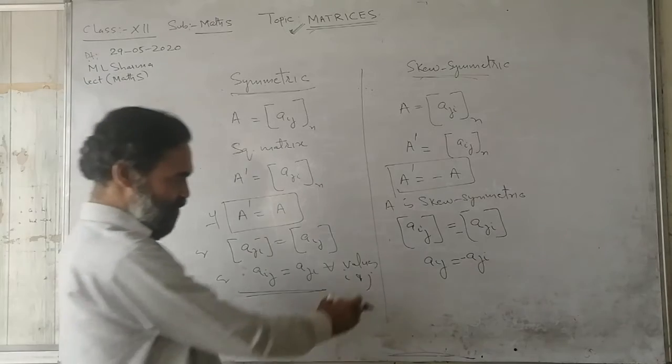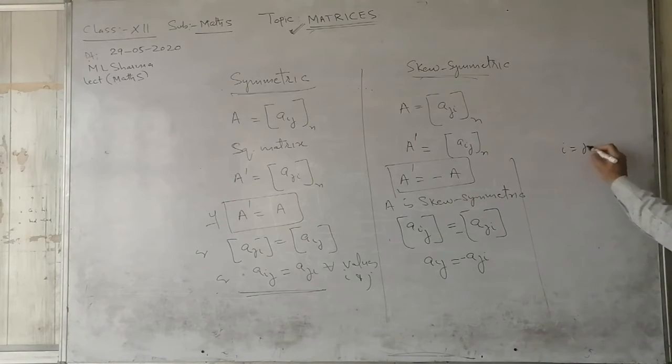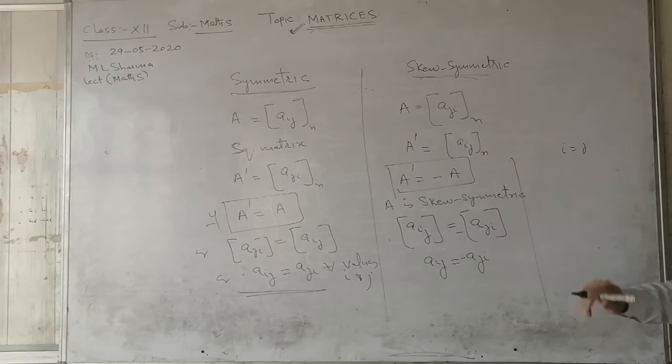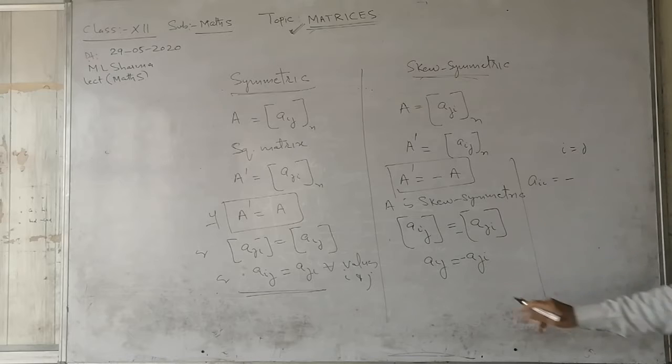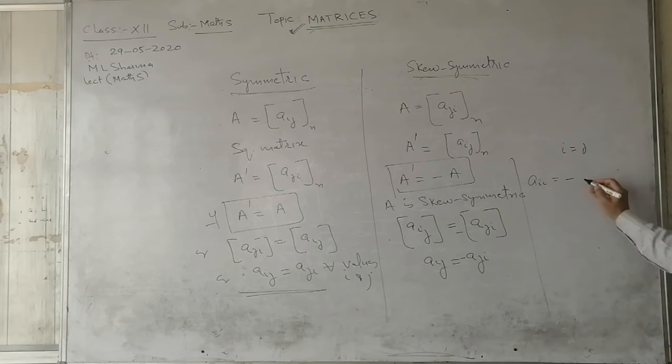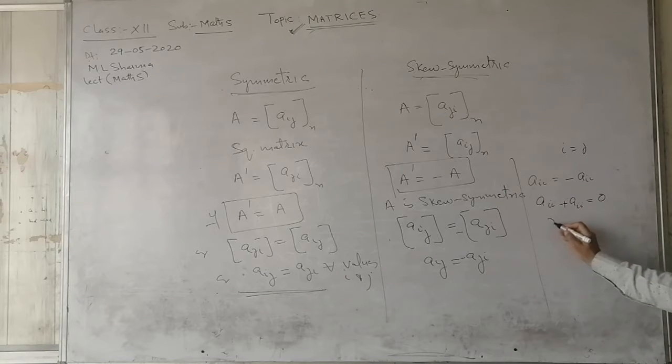So if I put i equal to j, this will be A_ii equals minus A_ii. Then A_ii plus A_ii equals 0, or 2 times A_ii equals 0, or A_ii equals 0.